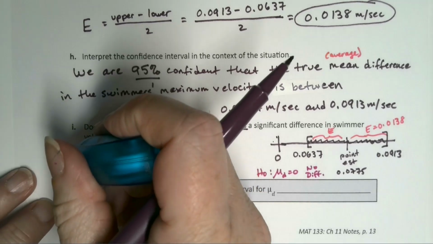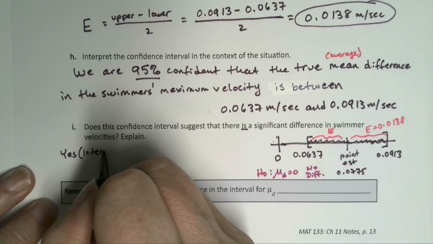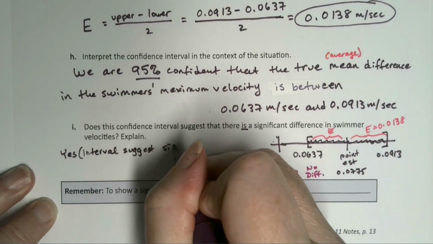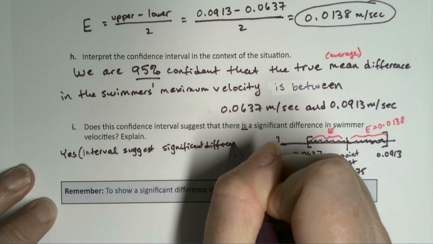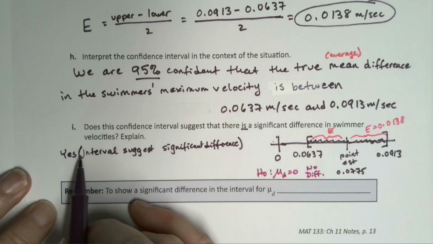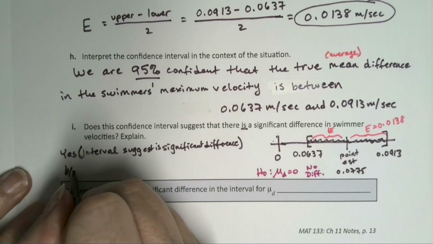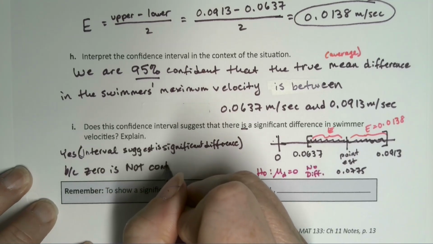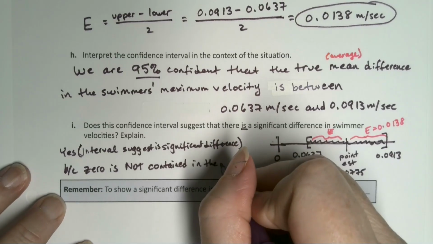If you want to write it, we could say the interval suggests a difference. A lot of times we don't write that piece because it's already implied in the question, but if you want to write it: yes, the interval suggests there is a significant difference because 0 is not contained in the interval. 0 is not between your lower and your upper.